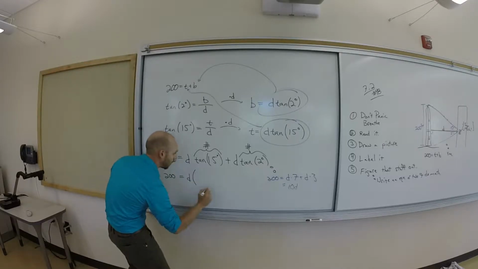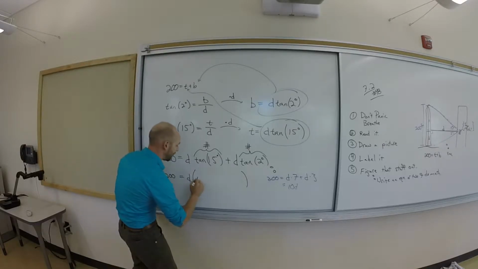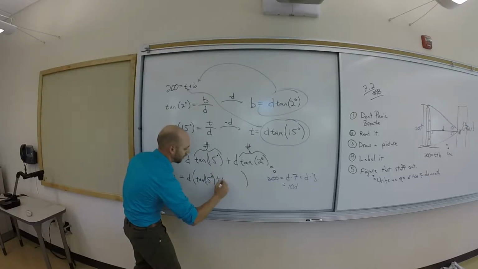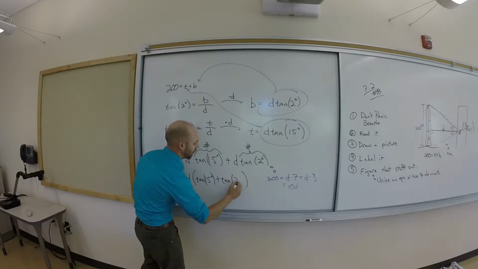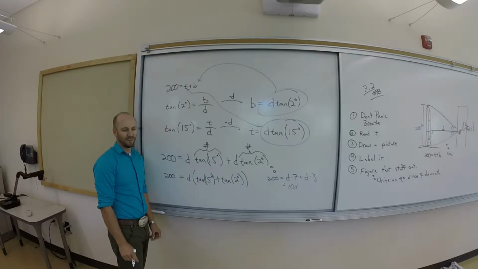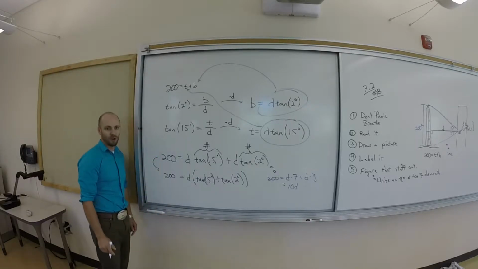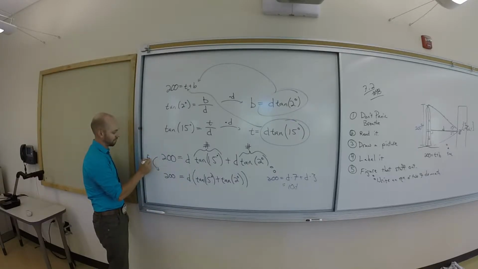I'm going to do this. I'm going to write d times stuff. Tangent of 15 degrees plus tangent of 2 degrees. You guys all see what I did there? So this step, algebra 2-wise, is a factor.